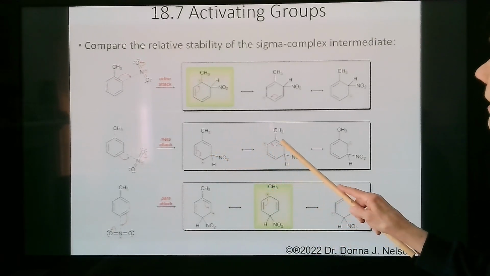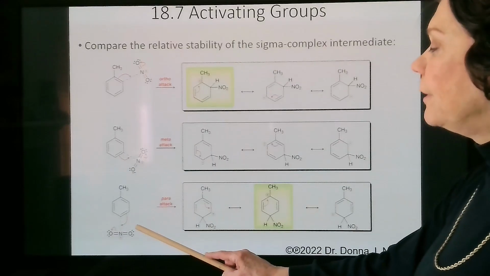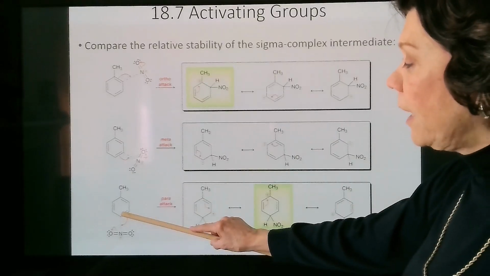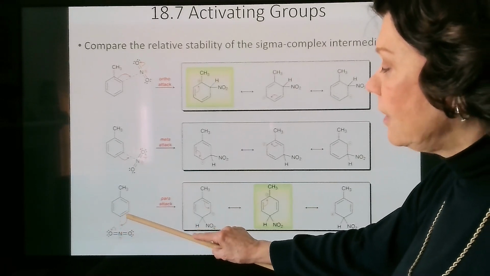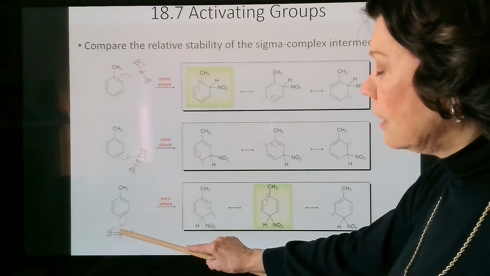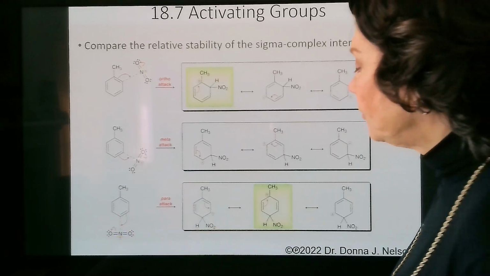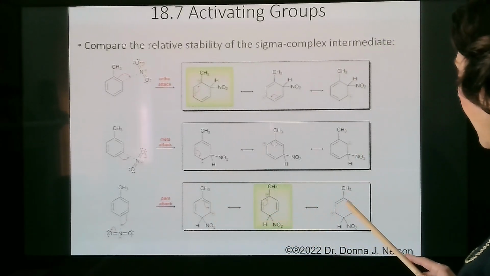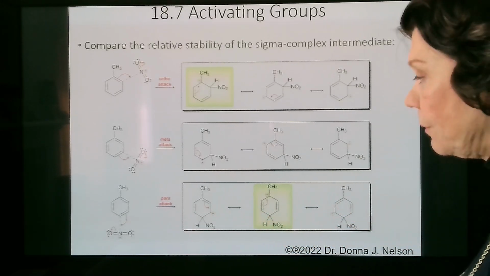And you can see these three resonance structures. If the bond is formed between the carbon at the para position and the nitrogen, so if the attack at nitrogen bearing the positive charge comes from the carbon at the para position, then this is the carbocation that's formed, and these are the three resonance structures.